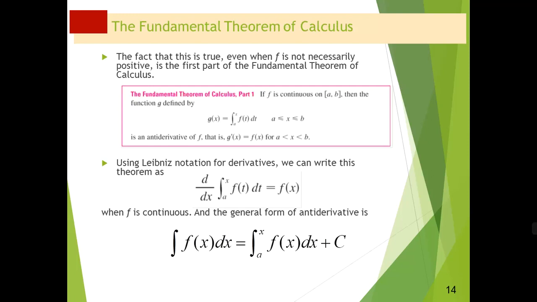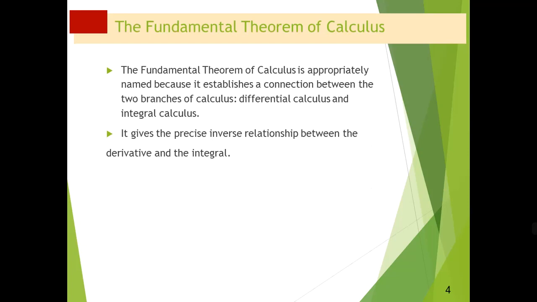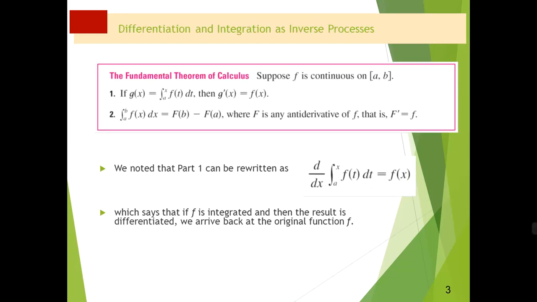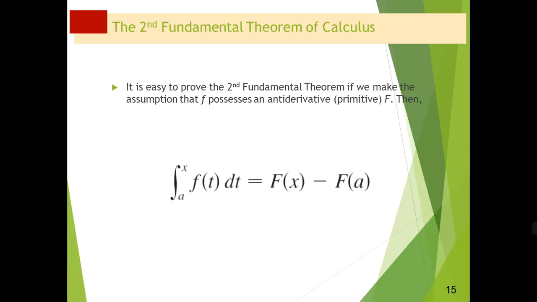Now let us go to the second part of FTC. The second part of FTC tells us that if capital F is any antiderivative of f, then we can evaluate the integral of f(x) by using the difference of capital F. This is not hard to prove, by using the indefinite integral.